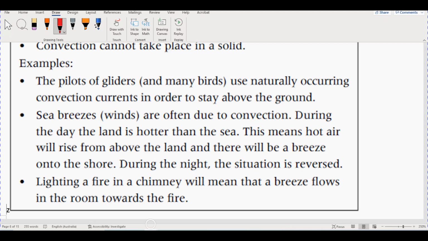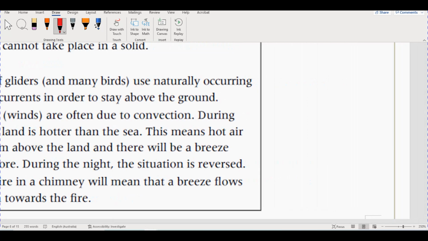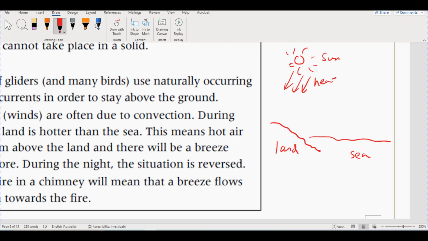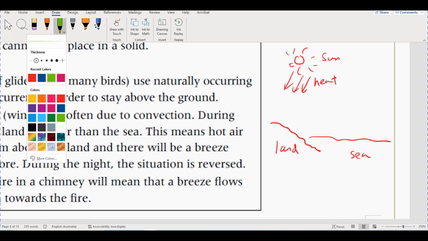I could give you a very brief diagram of this. For example, if you have sea here, and this is land. During the day, the sun supplies heat right here. On the land, the temperature rises much more quickly.